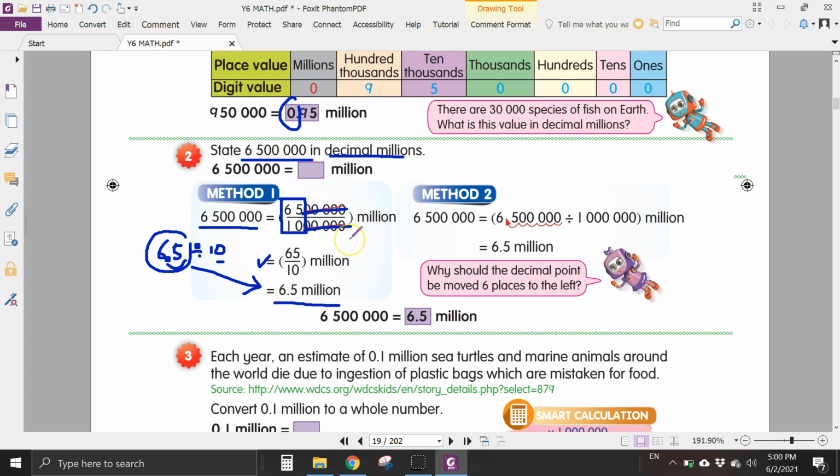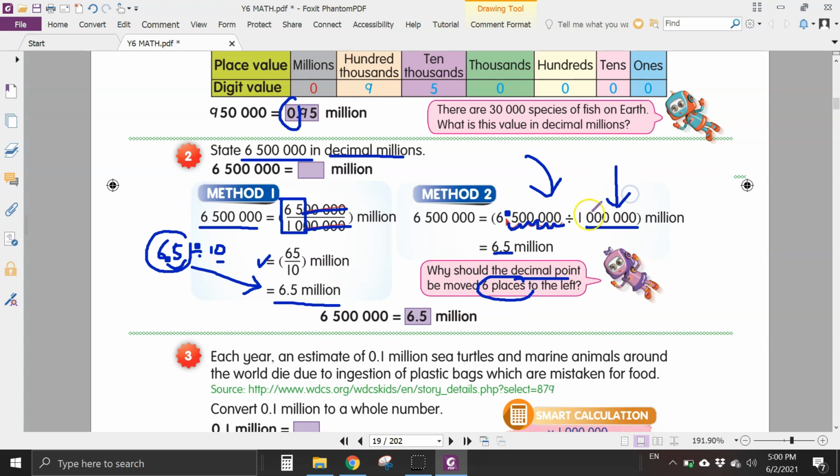6.5 million. So this is what I taught you just now. You divide it by a million, you move 6 zeros to the left. Can you see 6 times? You get 6.5 million. Why should the decimal point be moved 6 places?